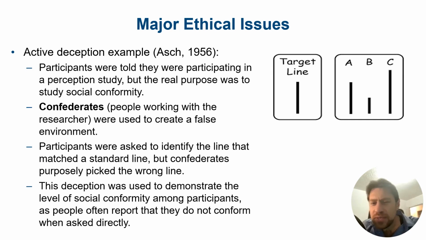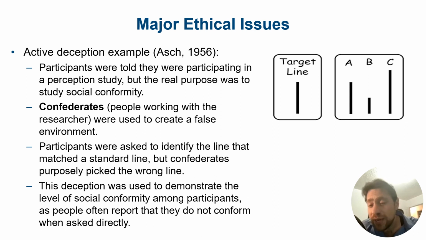All right, so here's an example of active deception. This is a famous study by Solomon Asch from the 50s, studying conformity. Now, already, if you're studying conformity, you're probably not going to tell the participants the true purpose of your study.